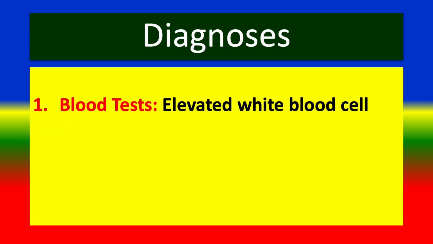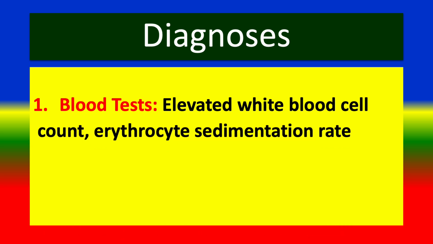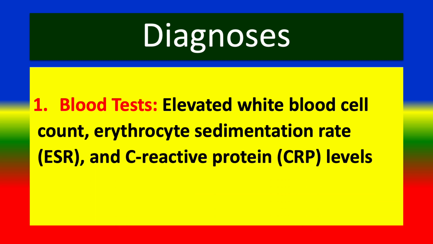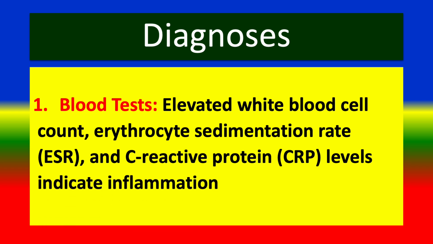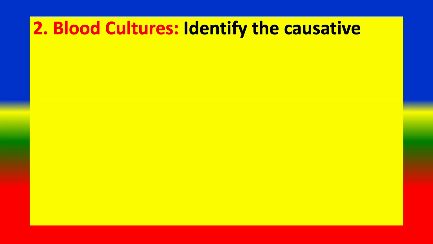Diagnosis. 1. Blood tests. Elevated white blood cell count, erythrocyte sedimentation rate (ESR) and C-reactive protein (CRP) levels indicate inflammation. 2.